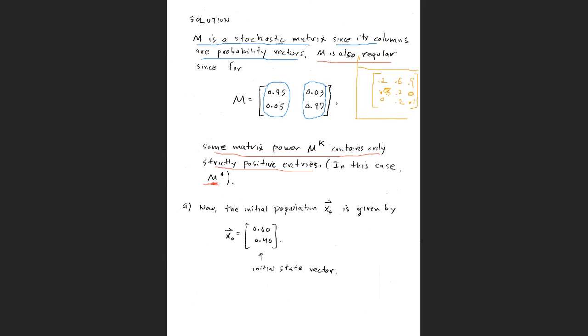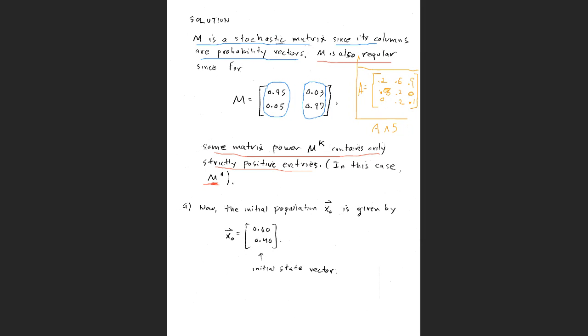If this were matrix A, you could just take A and raise it to like the 5th power or something, and see if you get all positive entries. And if that didn't work, you could try the 10th power and so forth. Well, that's what regular means.